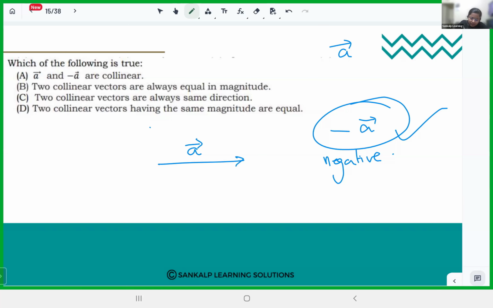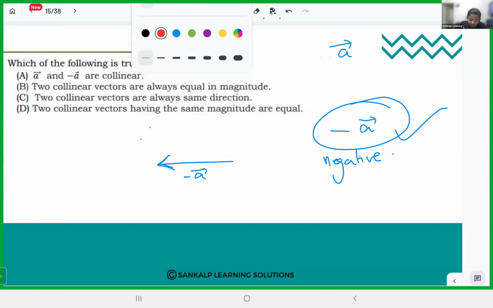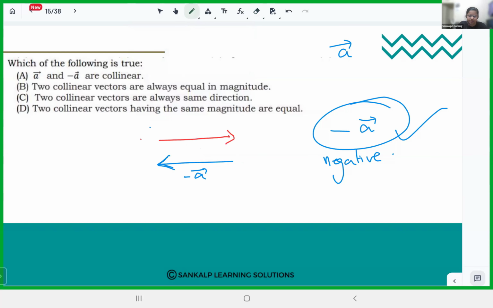The same vector but in the opposite direction. So that is minus vector A. All right, so what can you say about vector A and minus vector A? They will be collinear, right? They will be parallel to each other.